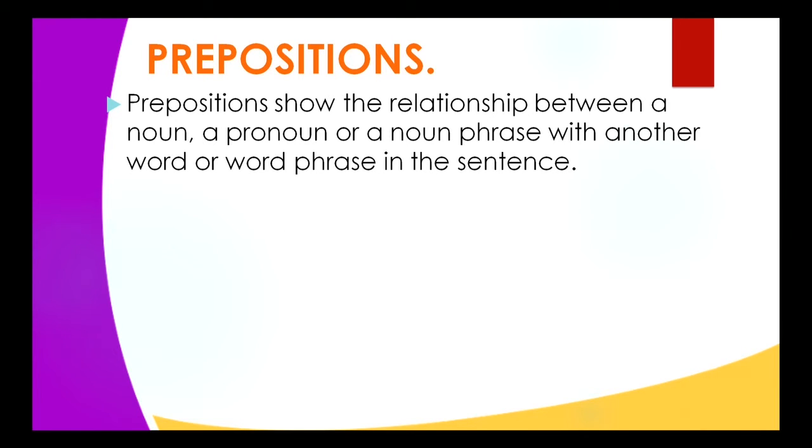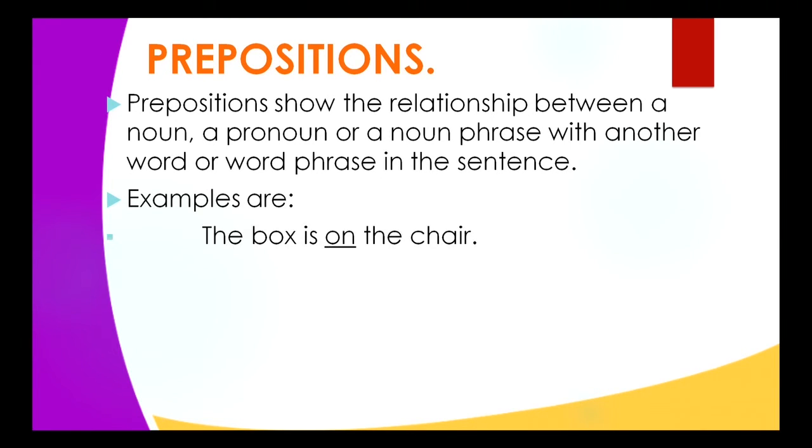Let's look at examples. The box is on the chair. The underlined word is on. It's showing the relationship between the box and the chair, making it a preposition. Next, we have a green snake hid under a rock.